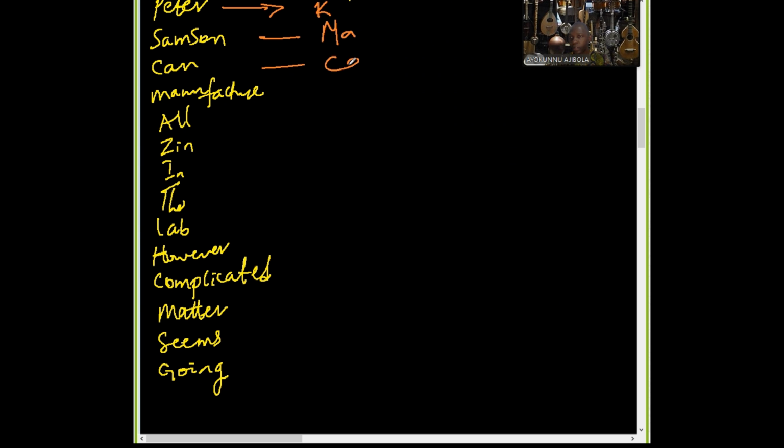This is calcium, magnesium, aluminium, iron, zinc in the lab.